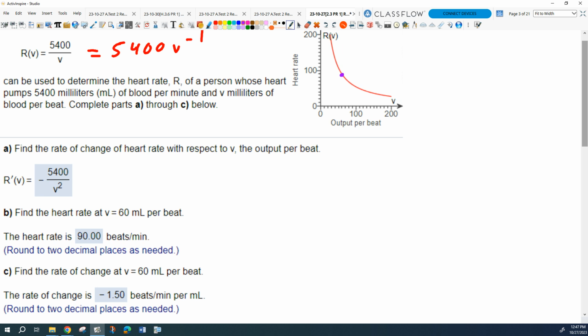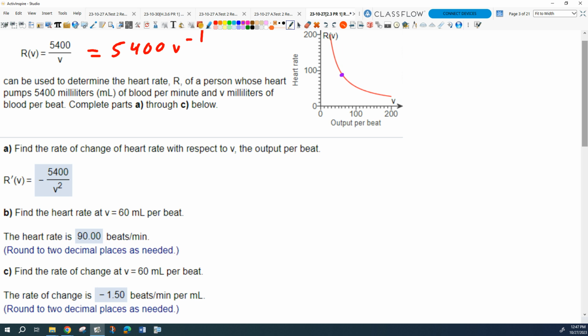Okay, what does that mean? If I were to try to find the value of the derivative at a stroke volume of 60, what's that going to look like?